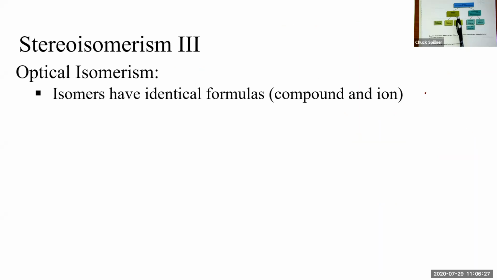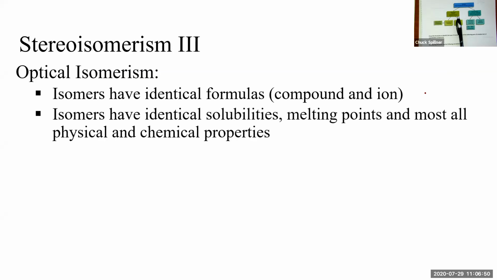The last stereoisomerism we're going to look at is called optical isomerism. The thing about optical isomerism is that these are really almost identical. They have one very subtle difference, but they have identical formulas. They have identical chemical and physical properties, pretty much.